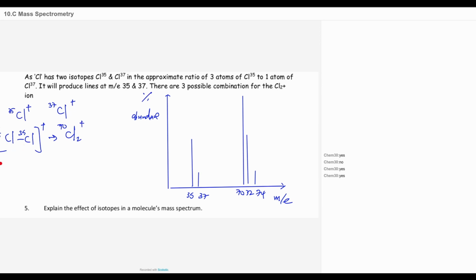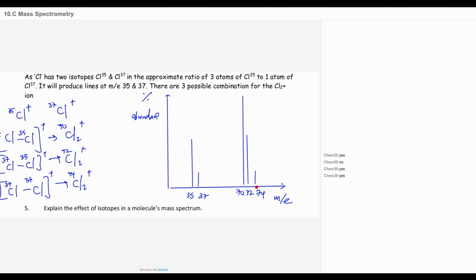When chlorine 35 combines with chlorine 35, you get chlorine 70 plus, and then when chlorine 37 combines with chlorine 35, you get chlorine 72 plus, and then chlorine 37, when it combines with chlorine 37, you get chlorine 74 plus. So you have 4 molecular ions here, and these 4 molecular ions are due to the 3 different combinations of the chlorine.